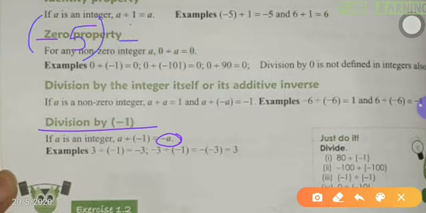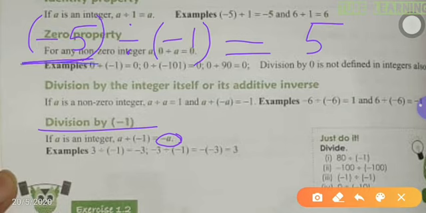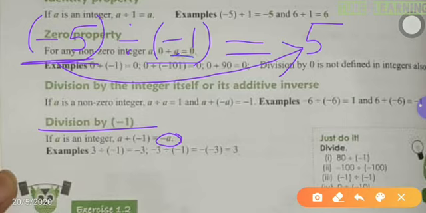If you divide minus 5 by minus 1, what will we get? 5. From minus 5, the additive inverse is 5. We are getting 5. This one is negative, this one is negative; dividing negative by negative, we get positive.